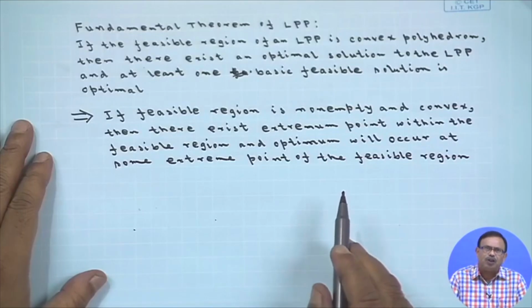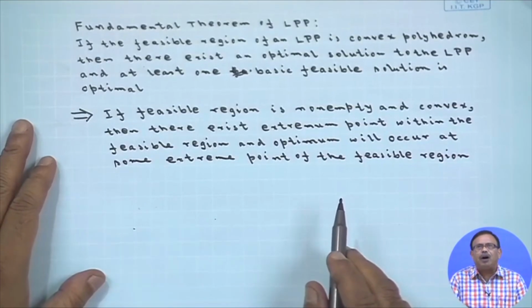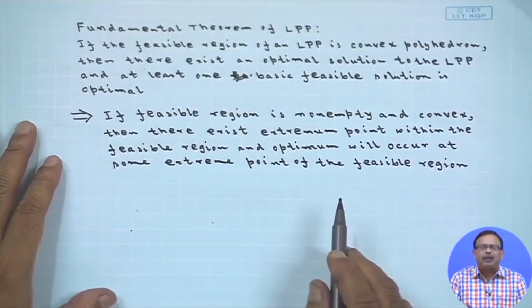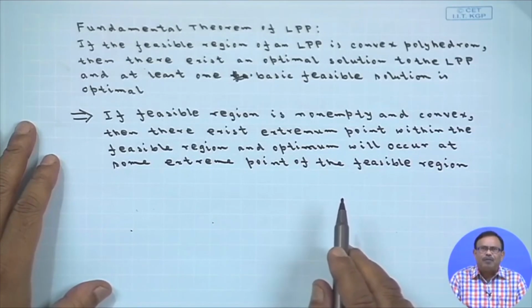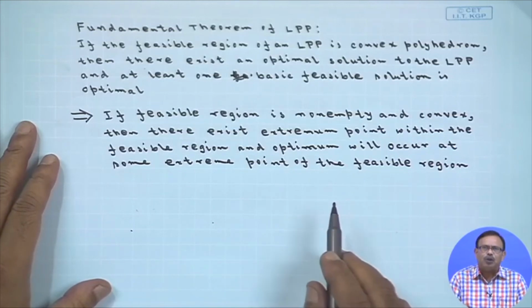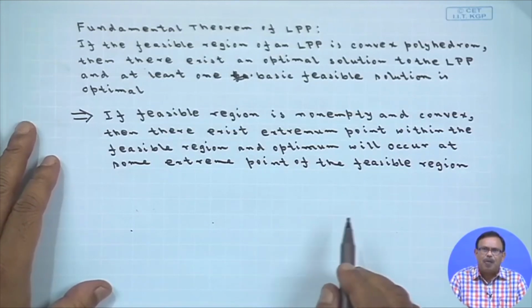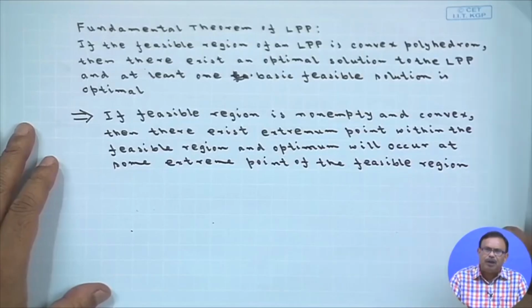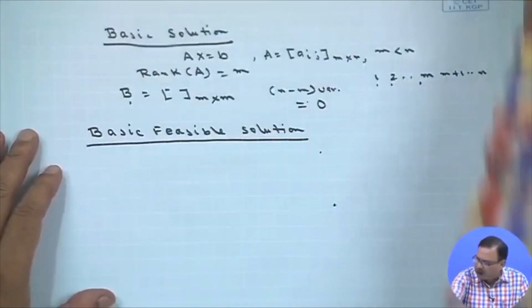So, please note this one: if the feasible region of an LPP is a convex polyhedron, then it ensures that at least one of the basic feasible solutions will give you the optimal value, and from the feasible region you can obtain the optimum value only at the extreme points. This makes your life simpler, and this theory we will use afterwards to solve very large LPP problems. So, this is one theory.